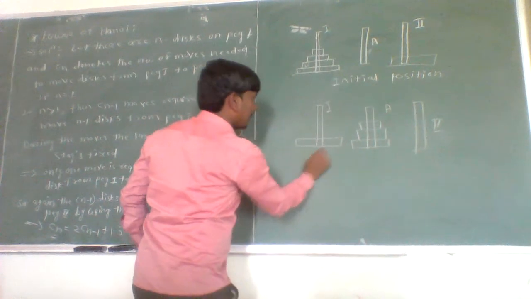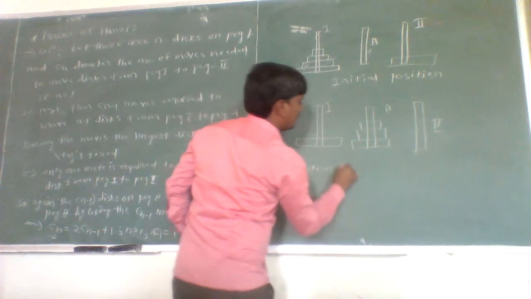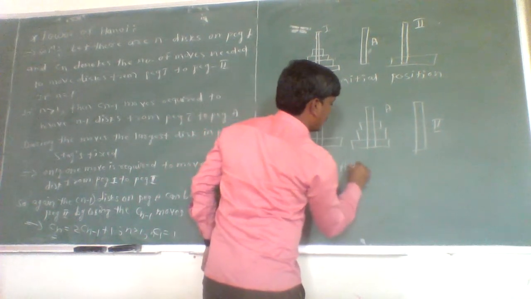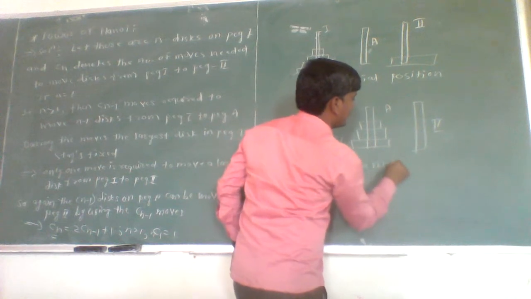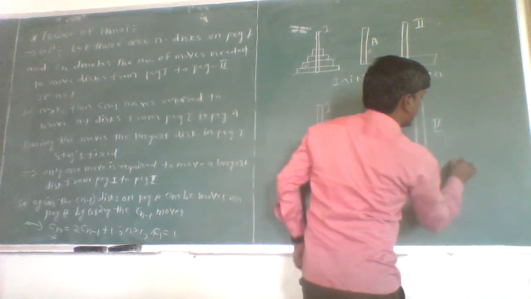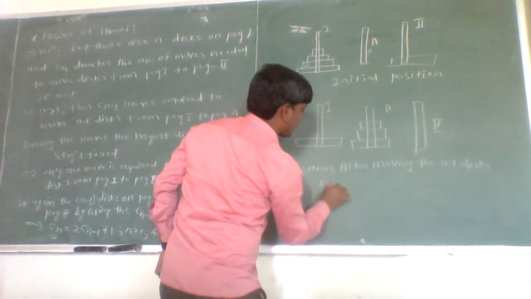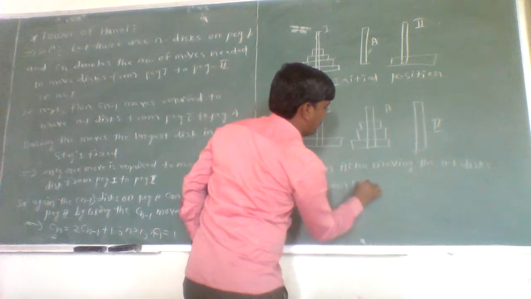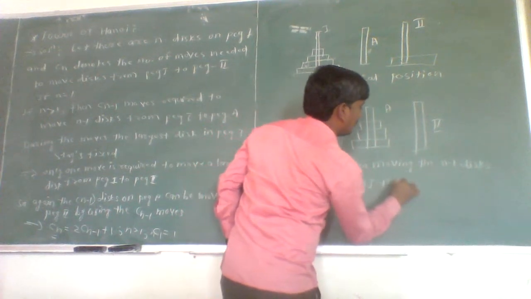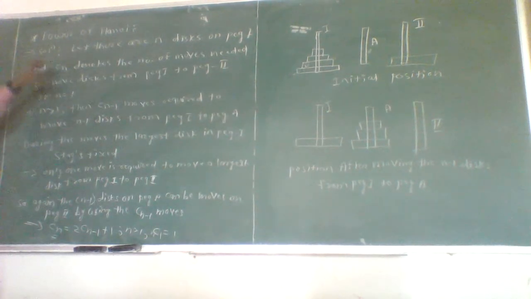This one is the position after moving the n minus 1 discs from peg 1 to peg A. So in this way we can use the method of Tower of Hanoi.